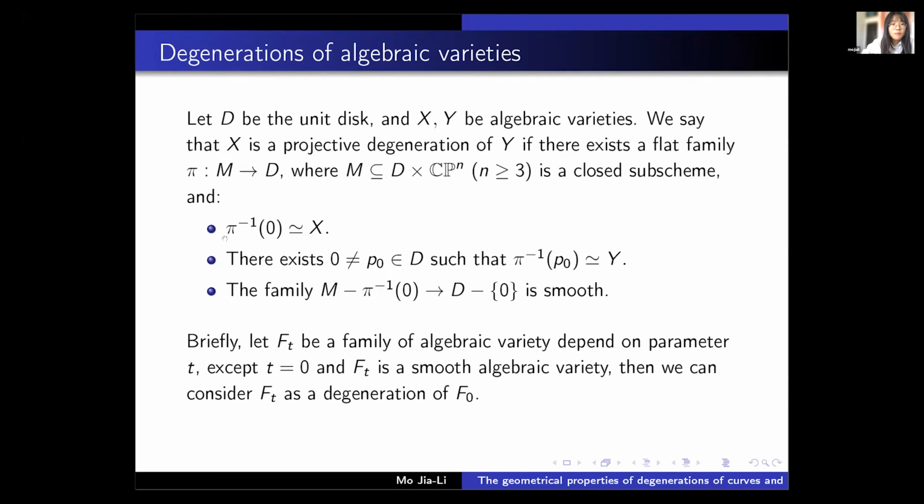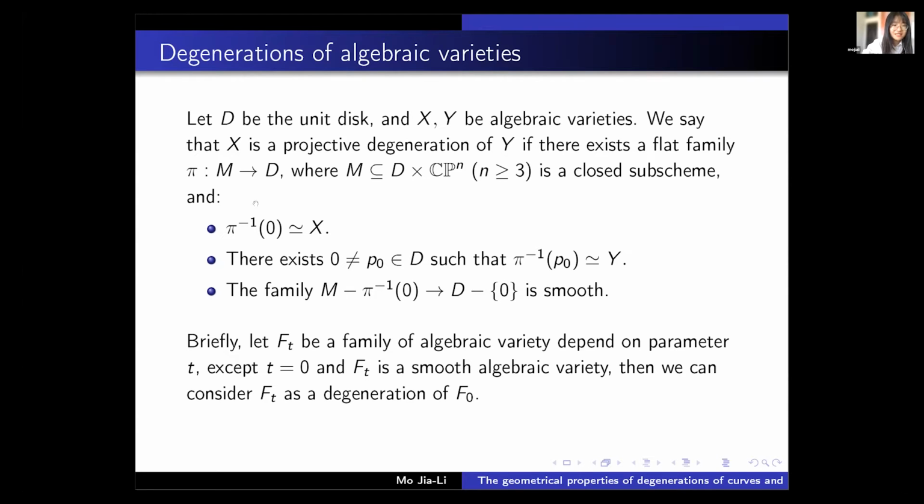1. Pi inverse 0 is isomorphic to X. 2. There exists P0 not equal to 0 belonging to D, such that pi inverse P0 is isomorphic to Y. 3. The family M minus pi inverse 0 into D minus 0 is smooth.